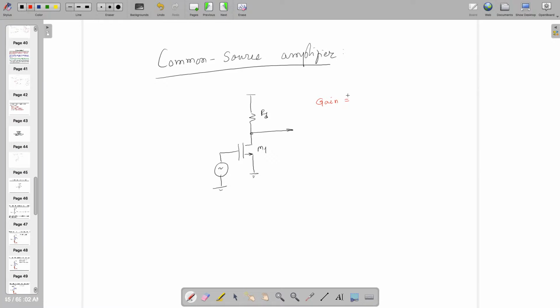Okay, Manvendra, yeah. Minus gm. Let's call it gm1 for referring to the first transistor, into RD. Okay, this is RD by the way, RD in parallel with R0, right? So this is the gain we got.